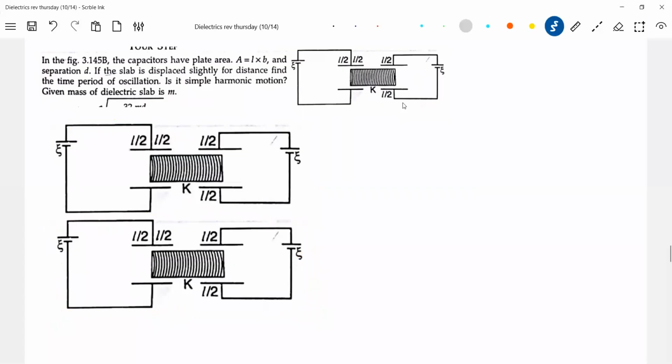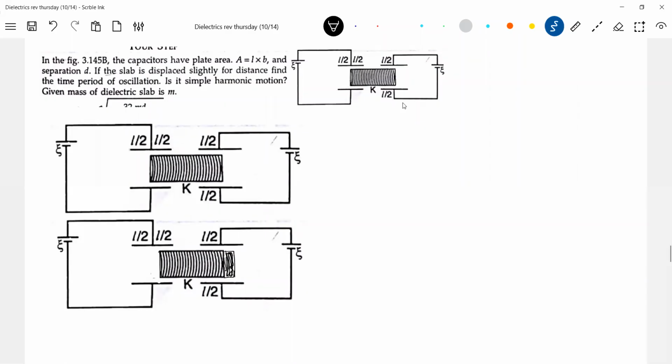So I'm going to slightly push it. Now look at the previous diagram on this one. So what will be the earlier?